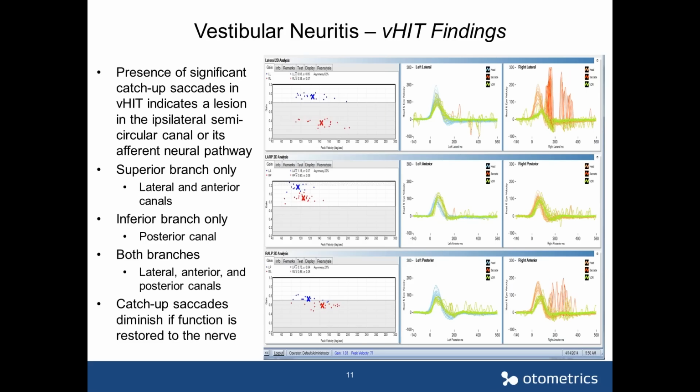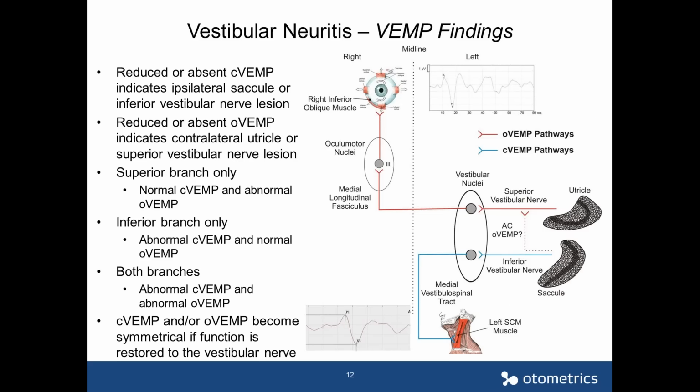So, VEMP findings. As you know, we can do both ocular VEMPs and cervical VEMPs. Utricle is the site that's typically associated with OVEMPs, although there's some controversy because of the few branches of the nerve that come from the saccule to the superior branch.